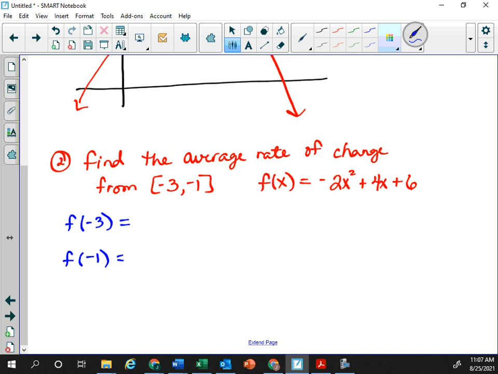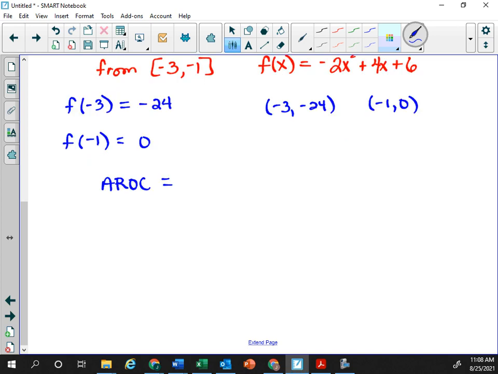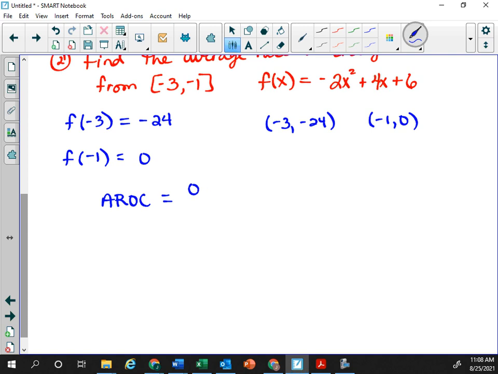All right, guys, what'd you get for f of -3? -24, and f of -1? Okay, good. So what this means is you have the ordered pairs (-3, -24) and (-1, 0). So your average rate of change, which you can abbreviate as AROC, A-R-O-C, you're just going to do 0 minus -24 over -1 minus -3.